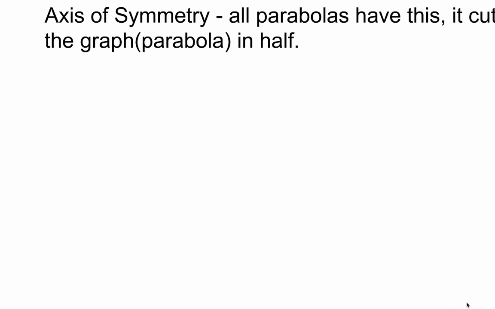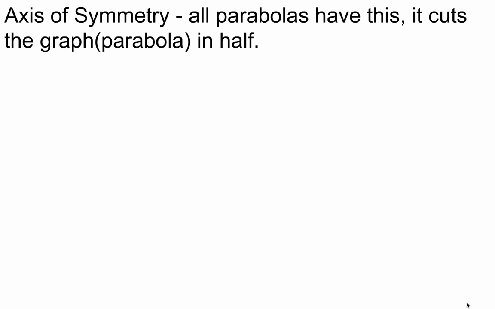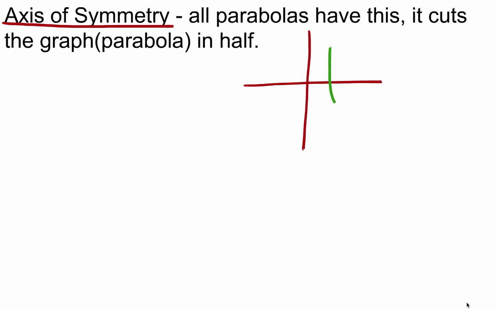Alright, next we have the axis of symmetry. All parabolas have this, and what it does is it cuts the graph, or the parabola, in half. So if I have a graph like this, and here's my parabola, and let's say this point right here is 3.